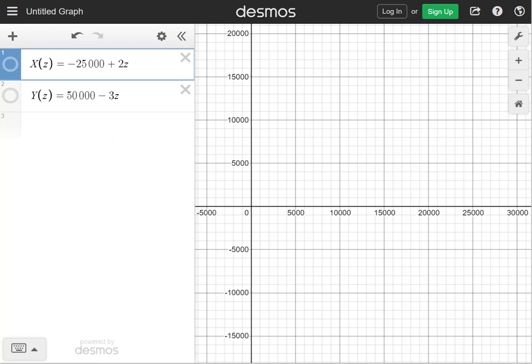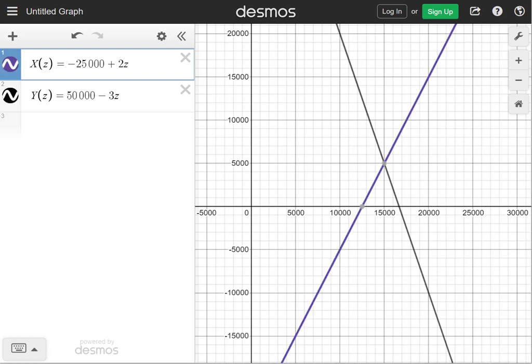I just want to point out that when you graph in Desmos, x and y mean something specific. So if I want to have these, I label them as the x function. I wrote it as a capital X, because capital X is not the same thing as lowercase x. And so my function is capital X with the z being my variable, and my other one is capital Y with my z being the variable.